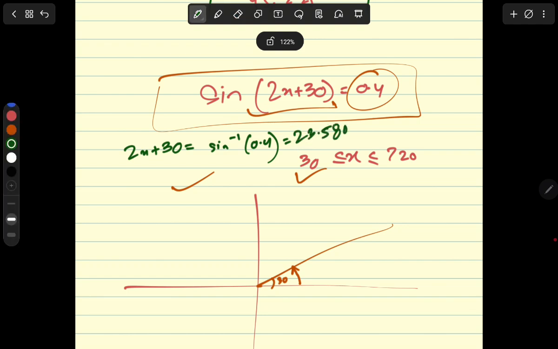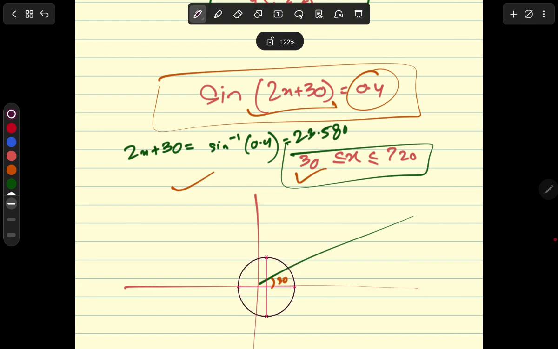Now, we can see that my graph starts from 30, the basic angle 30, comes to 390, and then comes from 390 to 750. So if my basic angle is 23.58, this does not lie in the domain, so we will reject it in the first quadrant.